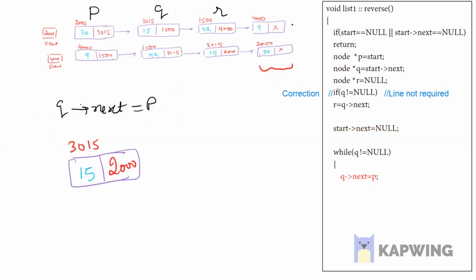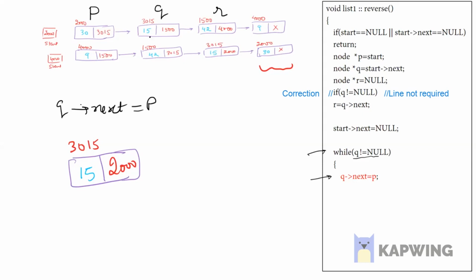Now once this has been settled down, what is the next step? We will be going through a while loop. We'll discuss this condition in the subsequent slides. What you have to do is put Q next equal to P. That means we have to go for the backward pointer now.